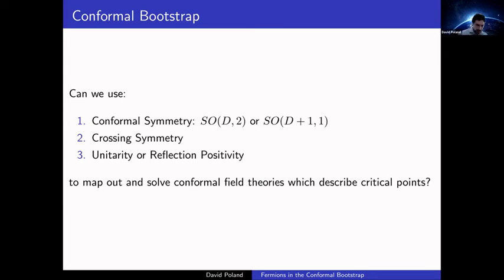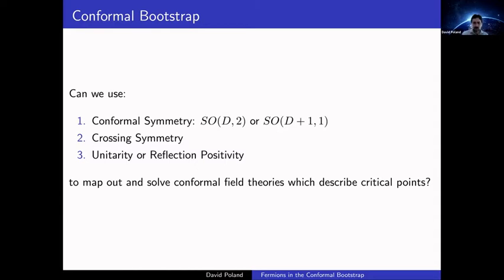And the idea is that you use conformal symmetry, a constraint called crossing symmetry, which encodes associativity of the underlying operator algebra, along with unitarity, in order to try to map out the space of conformal field theories, solve conformal field theories that are particularly interesting. And in this way, we can learn something about critical points, which are described by conformal field theories.